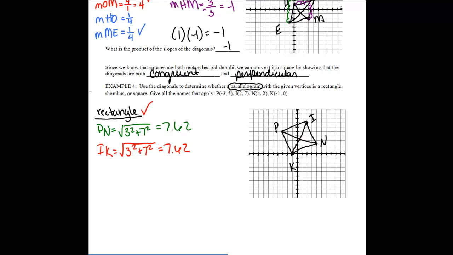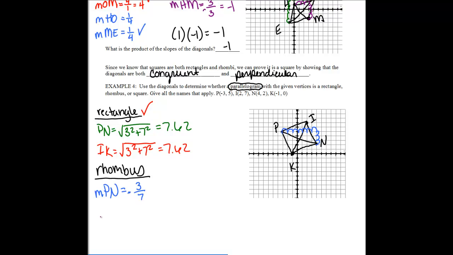The next thing we need to try to prove is whether it is a rhombus. So remember, for the rhombus, we see if the diagonals are perpendicular, so we have to find the slopes. So the slope of PN goes up 3 and left 7. Up 3 and left makes it negative 3 over 7.